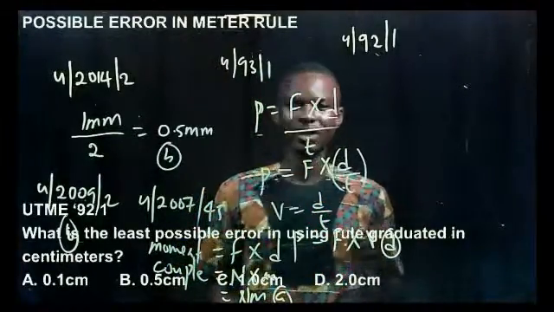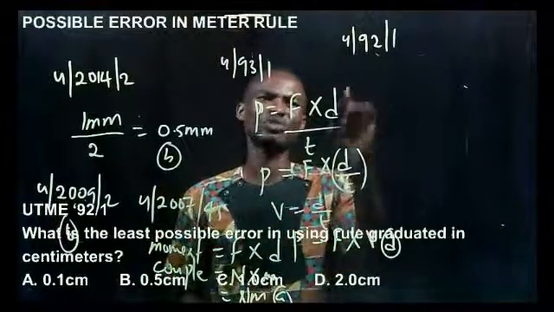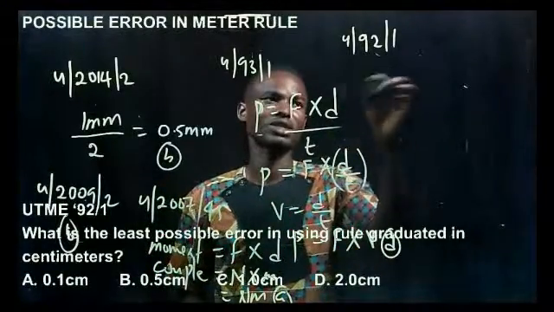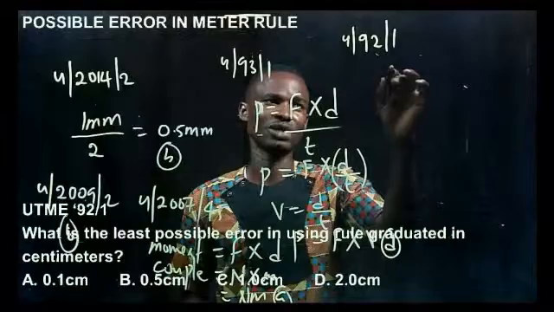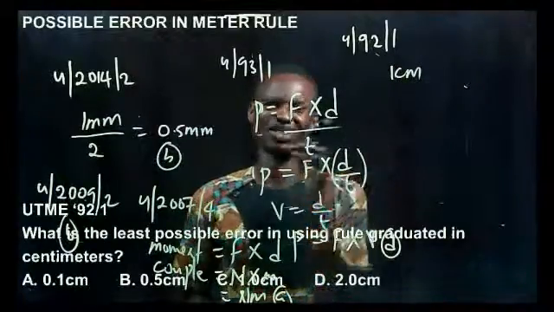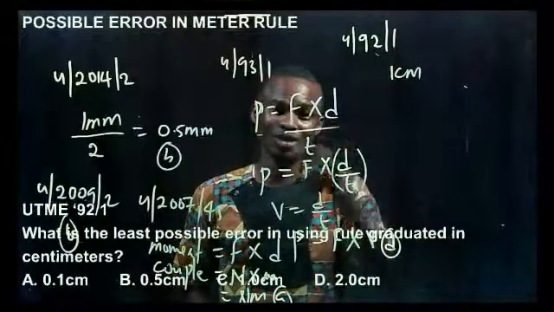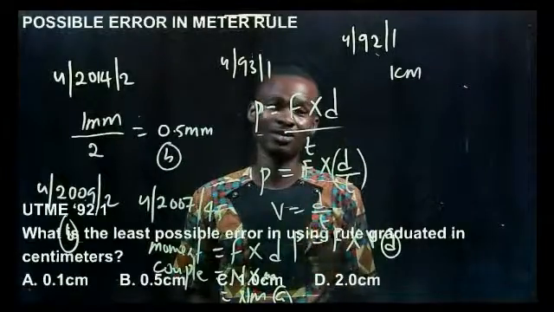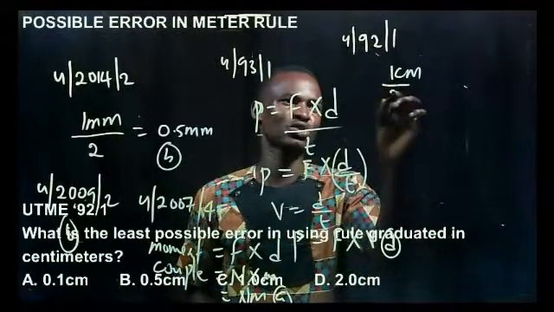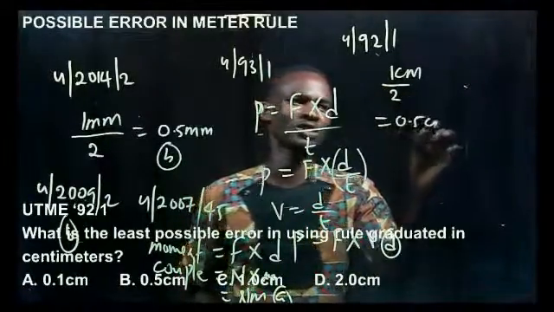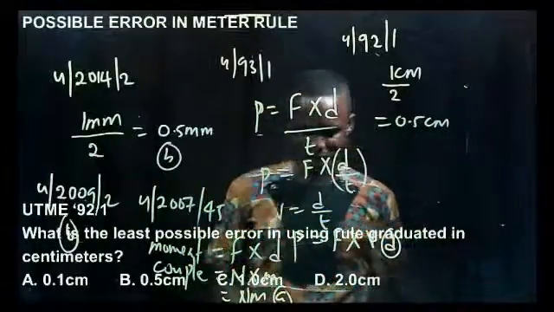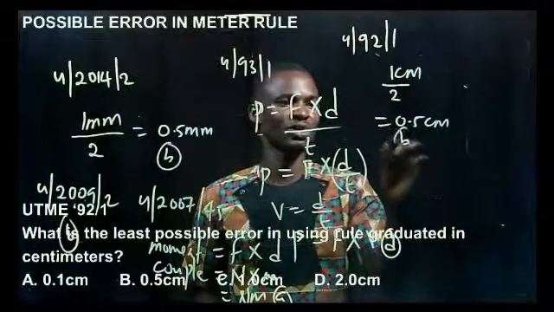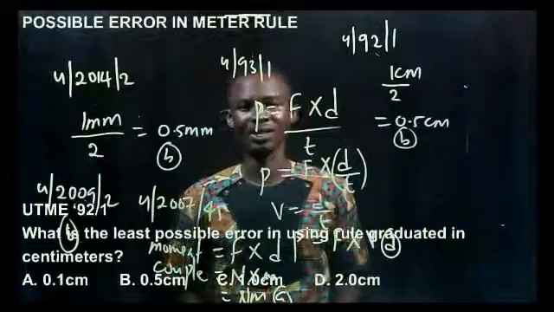Now, if you recall what I said, the smallest graduation you see for a meter rule is 1 centimeter. So the least possible error is half of that very value, which is divide this by 2. You have 0.5 centimeter. Now that will lead you to option B, which is of course the correct answer.